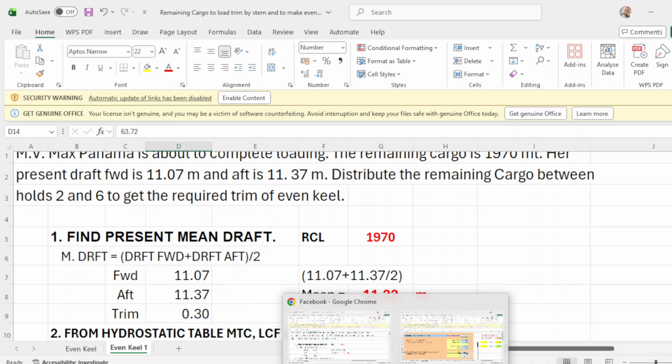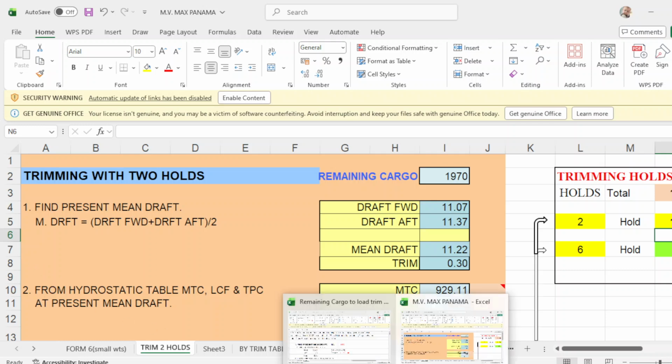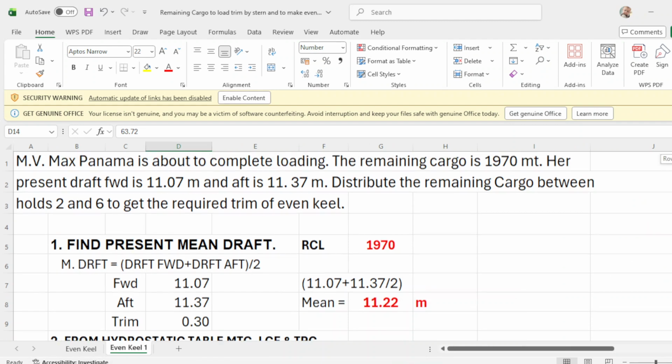Okay, initial drop. And this is your initial drop of forward, up, main, and trim. Okay, and there you have your MTC and LCF. That will be number 2 here. So number 2, you go to number 2.